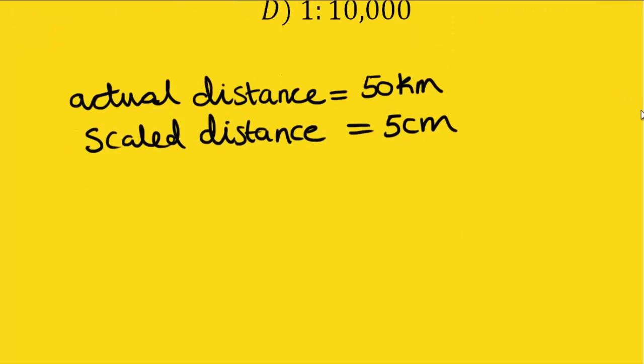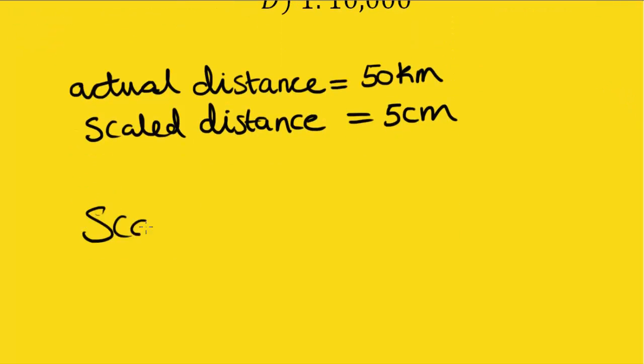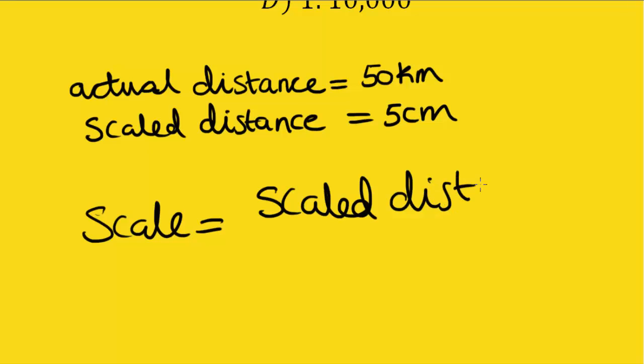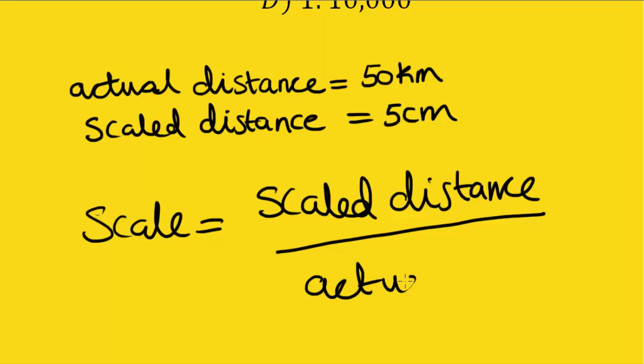Well, the scale is given by the following equation. The scale is given by the ratio between the scaled distance and the actual distance. So scaled distance divided by actual distance, or you can think of this as a ratio of the scaled distance to the actual distance.